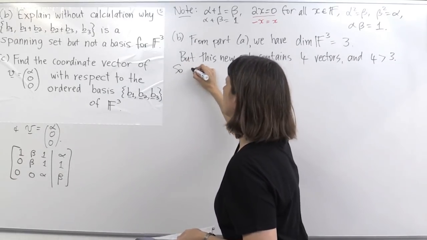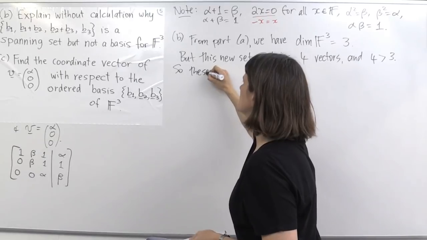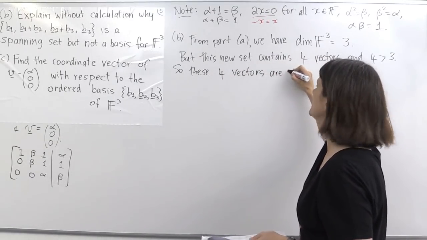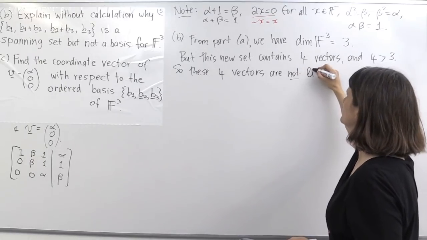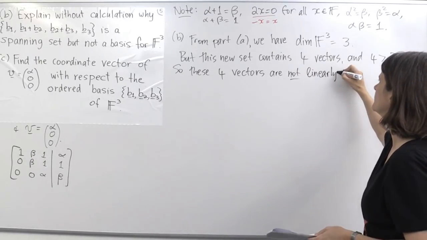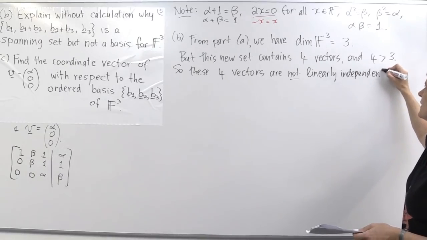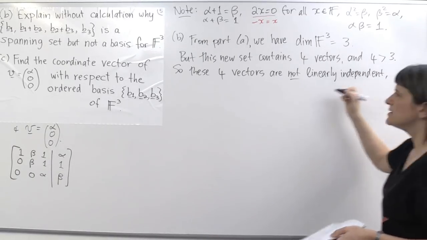So these 4 vectors are not linearly independent. Okay, there's too many of them, and hence they're not a basis.